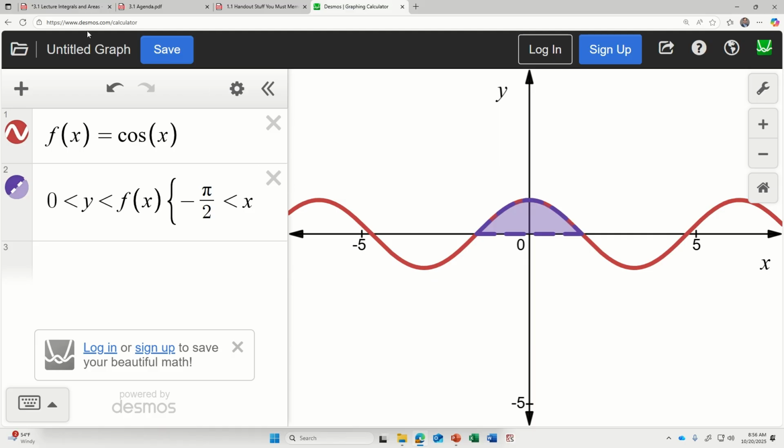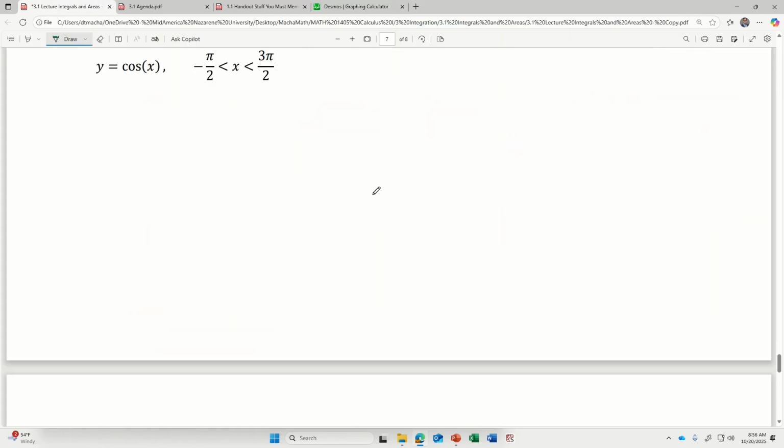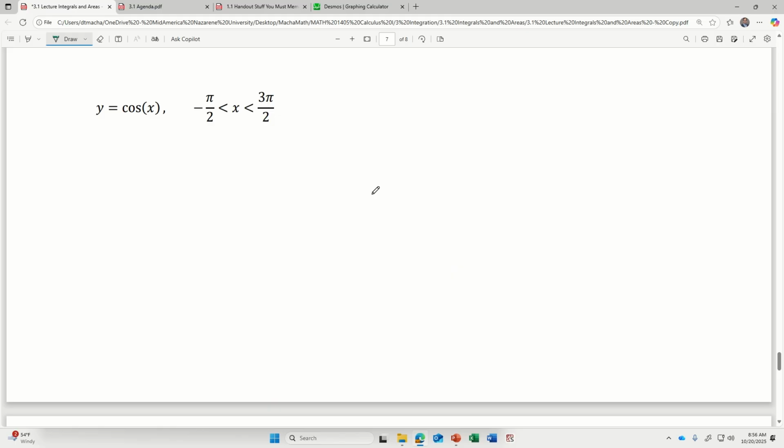Okay. What about this? Same thing, but this time I want the total area between the cosine curve and the x-axis over this interval from negative pi over 2 up to 3 pi over 2. So same thing, the antiderivative is sine.